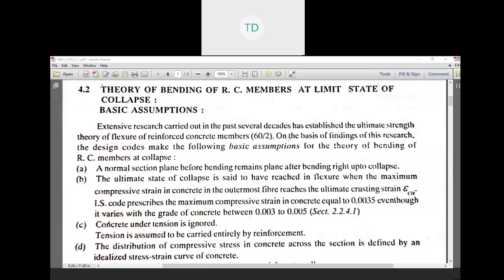The code prescribes the maximum compressive strain in concrete equal to 0.0035, even though it varies with the grade of concrete between 0.0023 to 0.005.